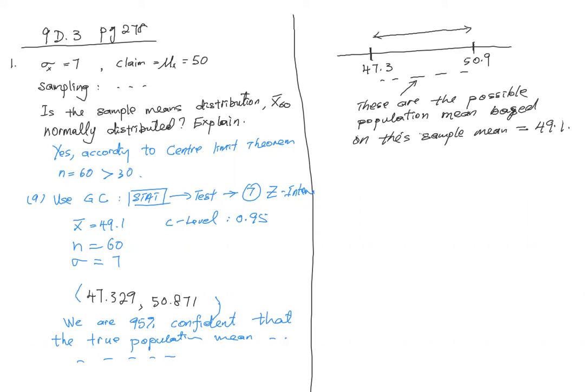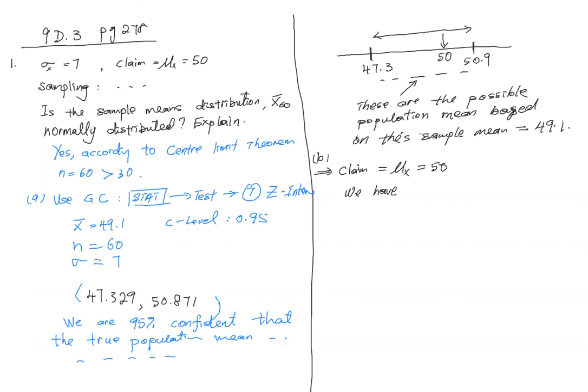If my claim is that the population mean is equal to 50, when we justify this claim in part B, we will use the words sufficient evidence or insufficient evidence. So this is 50 here. Can the mean of 50 happen?